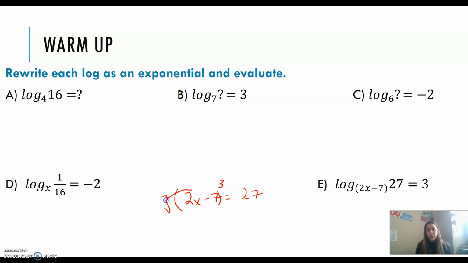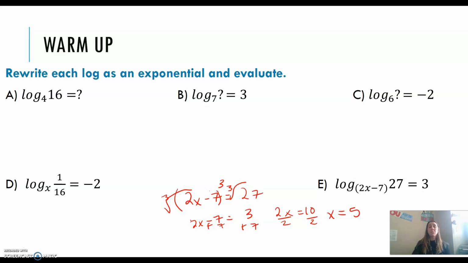Take the cube root of both sides, and we get 2x minus 7 is equal to 3. Then we get plus 7, and we have 2x is equal to 10. Divide both sides by 2, and we get x is equal to 5. And that's your final answer.